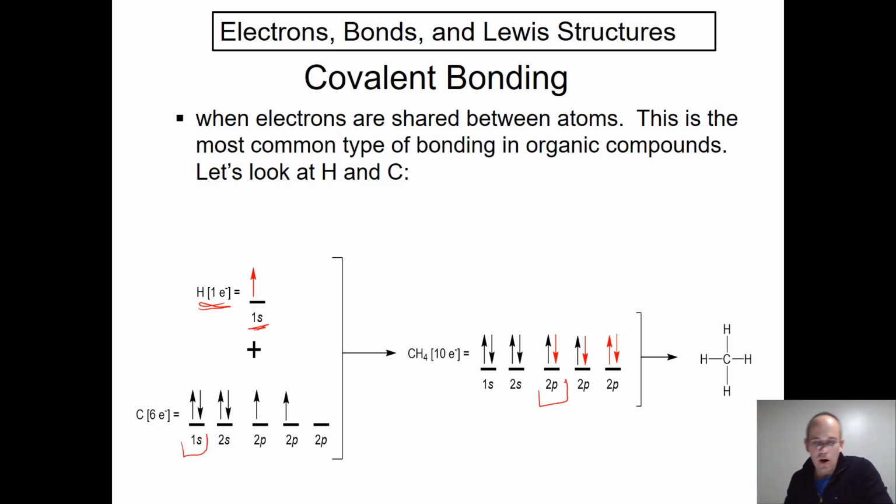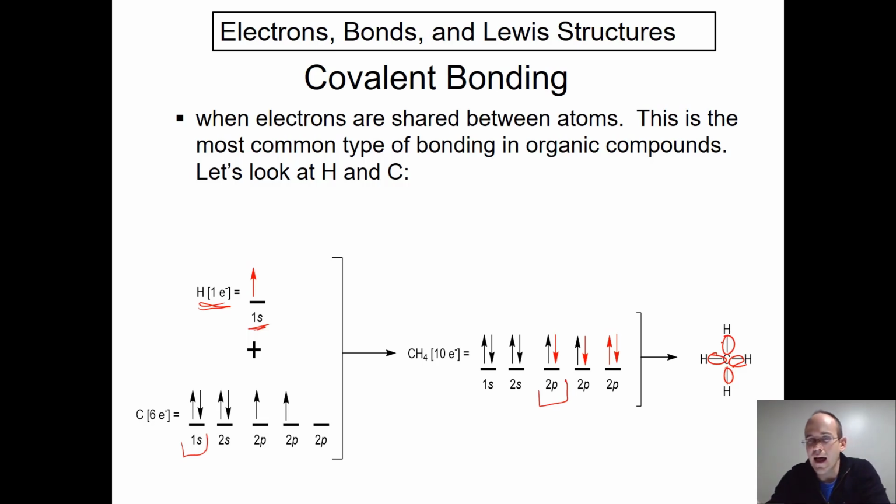And so because carbon has 4 valence electrons, it's going to work its way up by bonding with 4 hydrogens to get to 8 electrons in its number 2 shell. So by sharing one of each of those 4 electrons with 1 hydrogen atom, that carbon can complete its valence shell, or complete its octet, by pairing up with 4 different hydrogens. So 1 here, 1 here, 1 here, and 1 here.